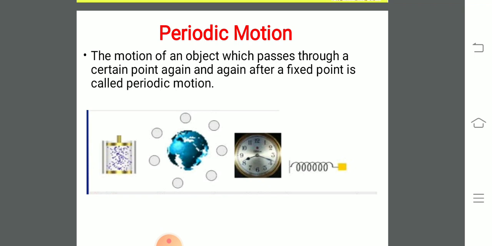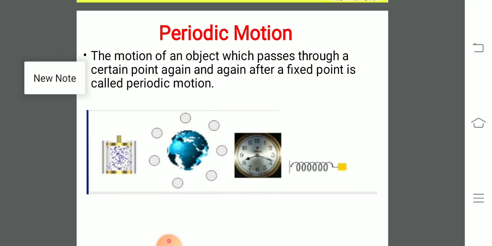There are many examples. First, the motion of the piston inside the cylinder of the engine of a two-wheeler or four-wheeler is shown. Then in the watch or clock shown, the minute hand or the hour hand continuously repeats its motion again and again after equal intervals of time.